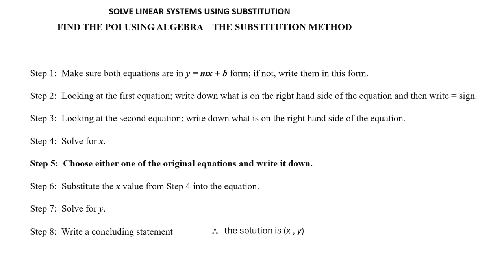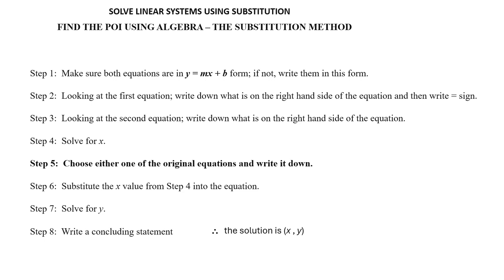These steps in this lesson are basically just an overview of what we did last lesson. The basics are we take both equations and we make sure that they're in the y equals mx plus b form. We take the right side of both equations and we make them equal to one another, allowing us to solve for x.